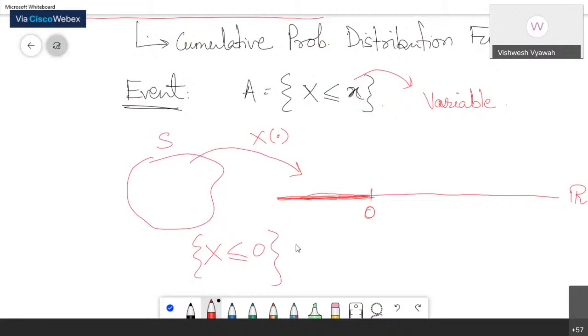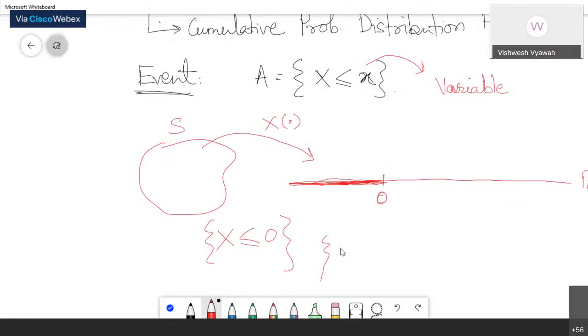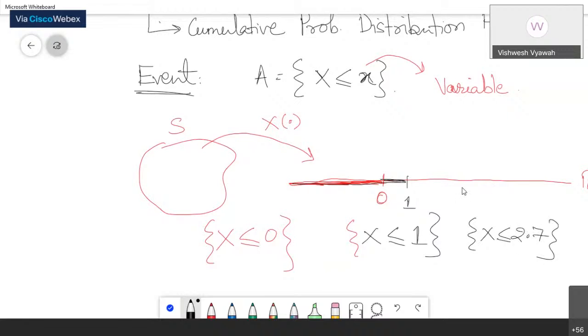Next, I talk about the event X less than or equal to 1. This is your 1. So now you consider this complete. Next, I talk about X less than or equal to 2.7. This is, let's say, 2.7. So this is the complete.